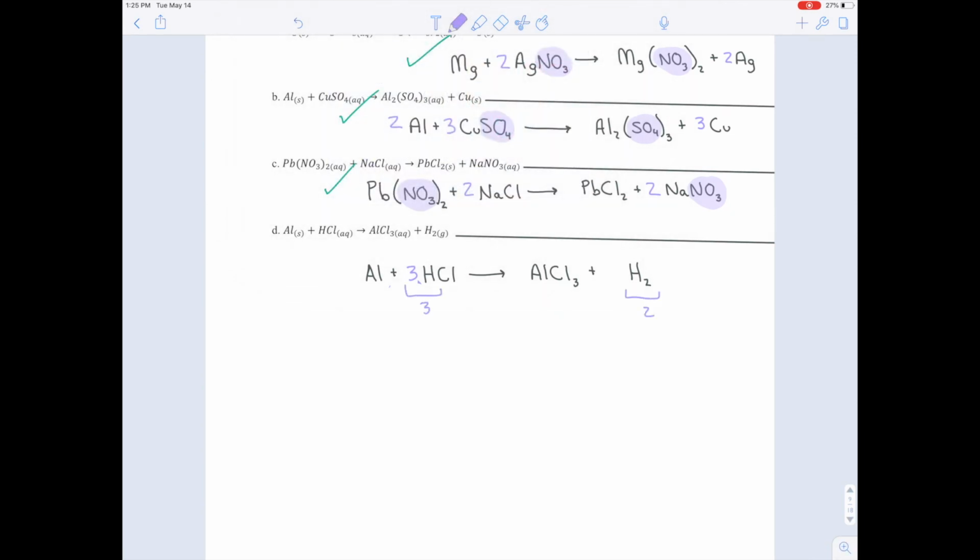On the right we have 2 hydrogens. And those 2 numbers don't go into each other. We saw this once before. When this happens, you multiply the 2 numbers by each other. So we'll multiply the 2 on the right by 3. And then we're going to multiply this 3 on the left by 2. Now, we already have a 3 there, so if we multiply it by 2, it'll be 6.